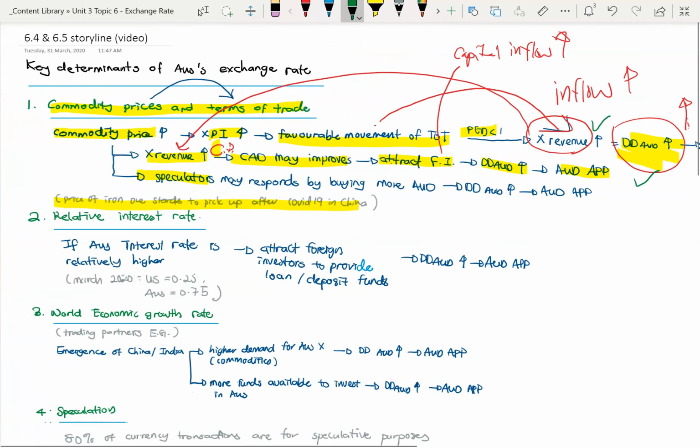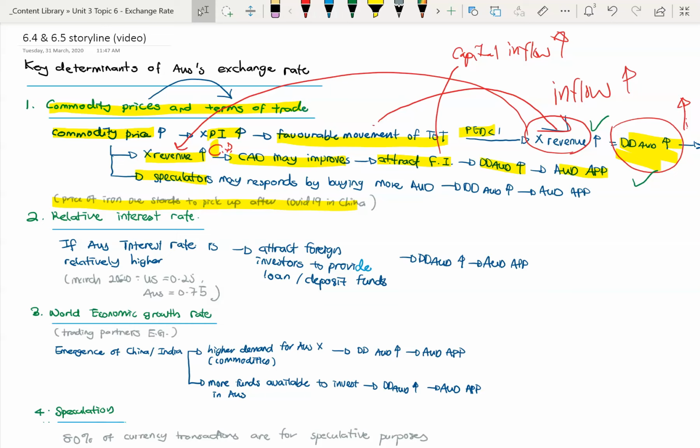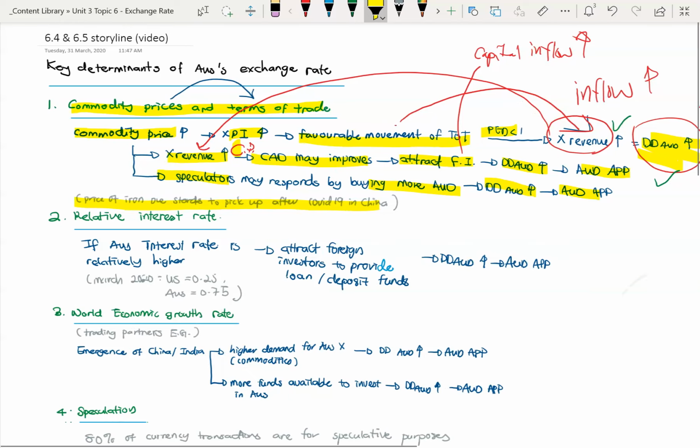If they expect that to take place, they will buy more Australian dollars now, so that they can gain more when the Australian dollar actually appreciates later. So they create more demand, and of course, when you create more demand, Australian dollar would appreciate.